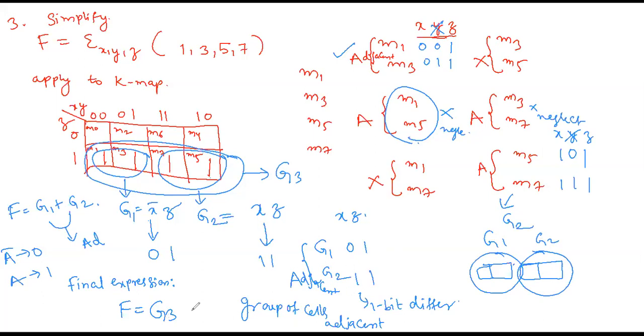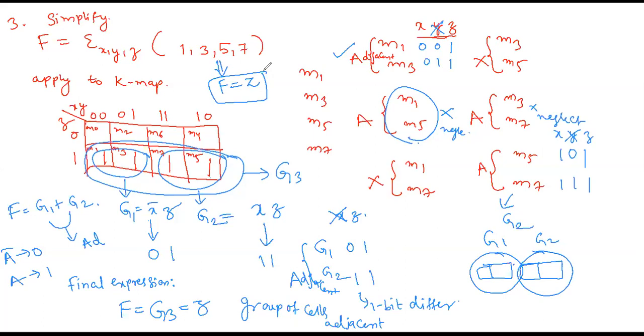So you will get final expression G3. Here which bit is differing? X is differing, strike off. So what is the value? Z. So F is equal to Z. If you simplify this, you will get F is equal to Z.